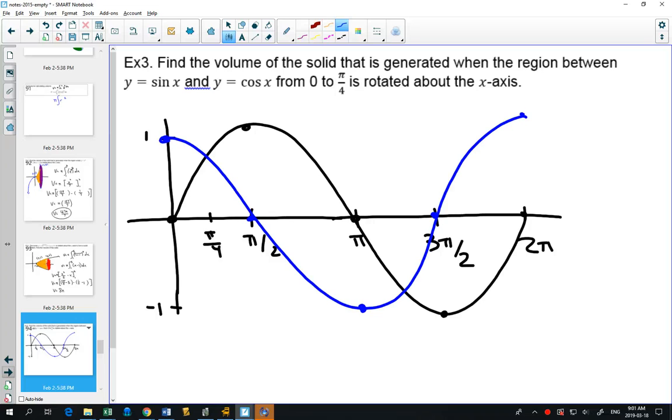But we're really only looking for, okay, what we're looking for is this part between the blue and the black graph, the area between the curves, rotated 360 degrees around.